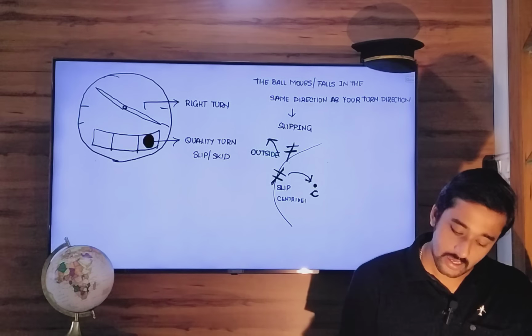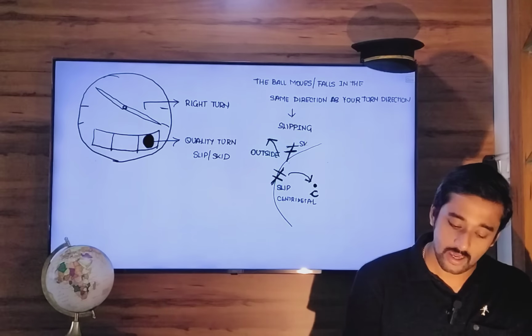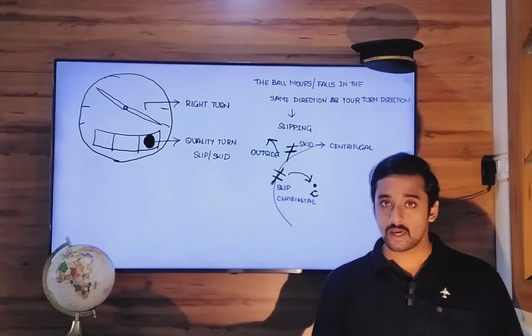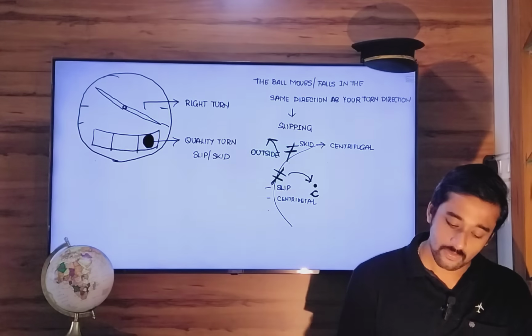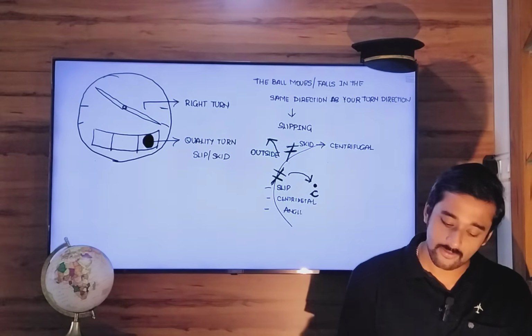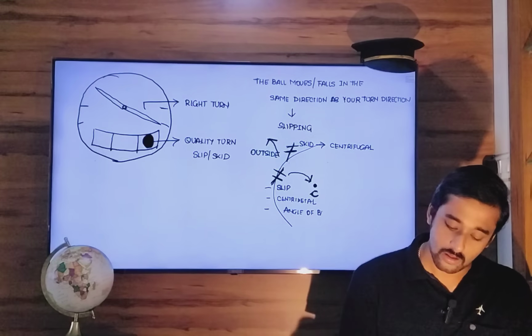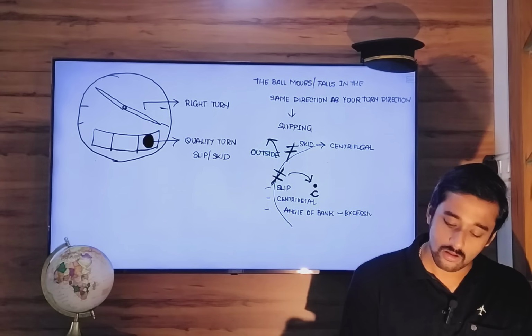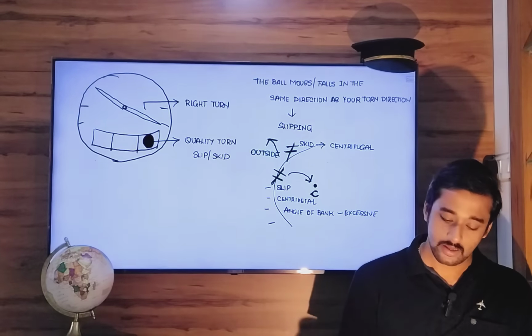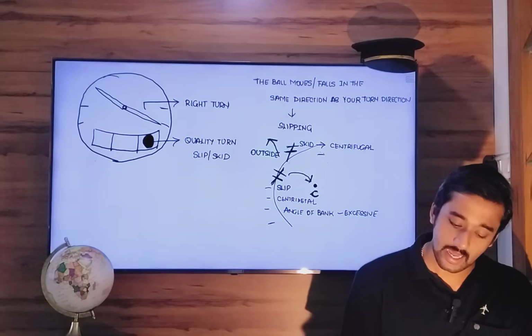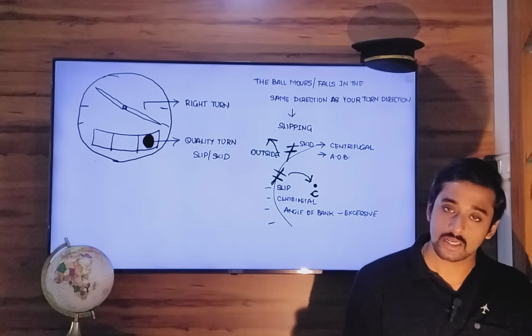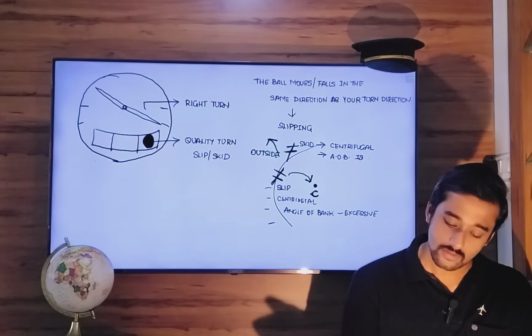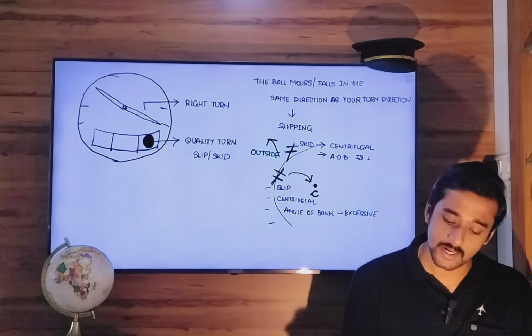In case of skidding, we have centrifugal, the outward directed force in play. Okay. Next, in case of slip, the angle of bank of your aircraft is excessive. Okay. In case of skidding, the angle of bank of your aircraft is very little.